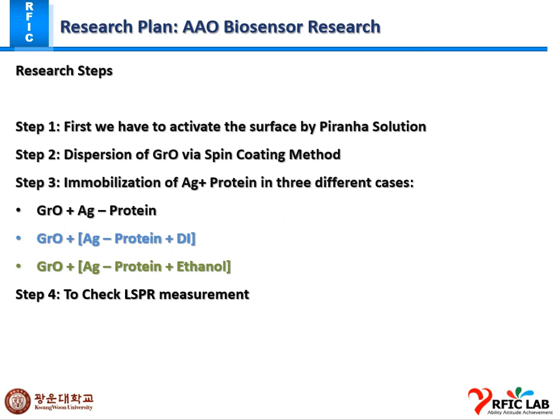First we have to activate the surface by using piranha solution, then disperse graphene oxide via the spin coating method, then wait for drying, and then we immobilize the Ag protein in 3 different cases: graphene oxide with the Ag protein sample, graphene oxide with Ag protein mixed with DI water, and the third one mixed with ethanol.